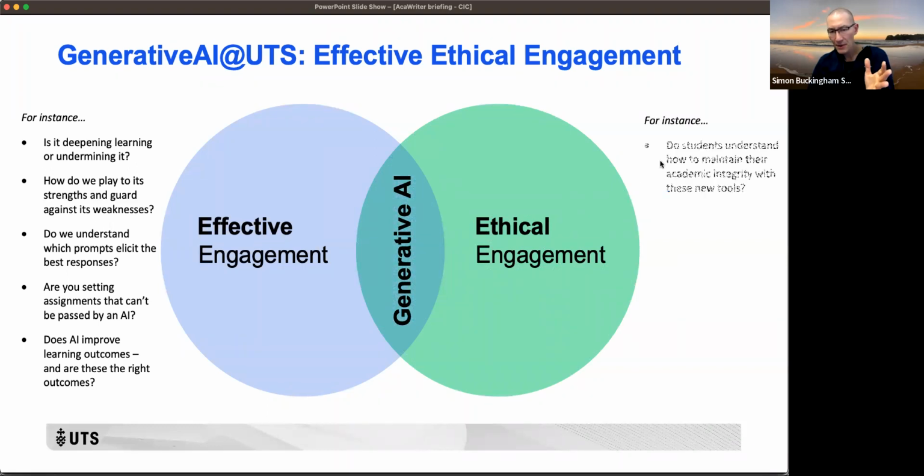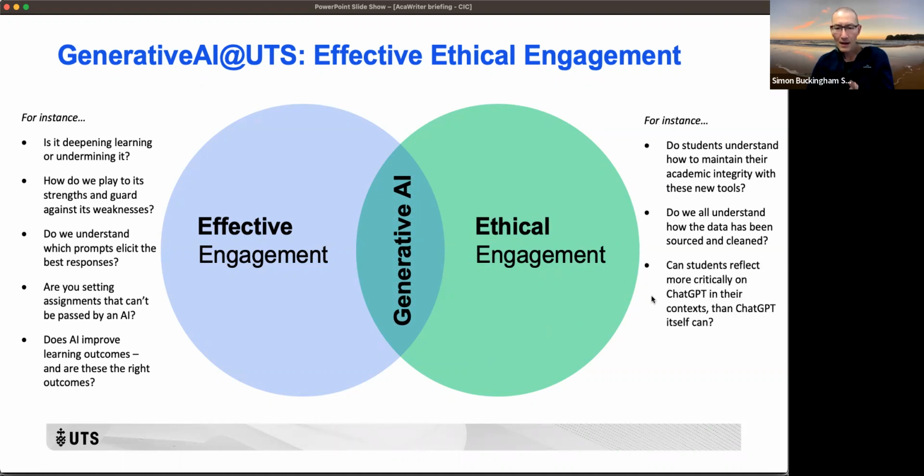We're certainly worried about cheating, so we're interested in academic integrity, but we're also interested in promoting critical reflection on where is all this stuff coming from, right? I mean, there's lots of debate right now about how ChatGPT obtained all of these texts and whose intellectual property it was harvesting, and so forth. Asking whether students can, in fact, reflect critically on what ChatGPT says.